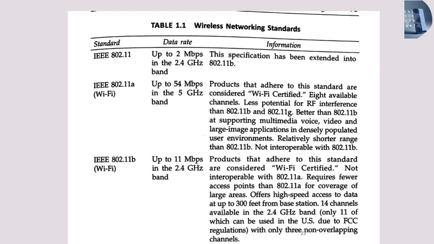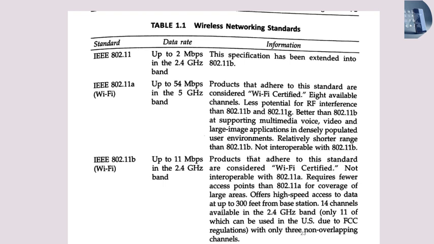The next standard is IEEE 802.11b, that is also for Wi-Fi, that provides a data rate up to 11 Mbps in the 2.4 GHz band. Products that adhere to the 802.11b standard are considered Wi-Fi certified.